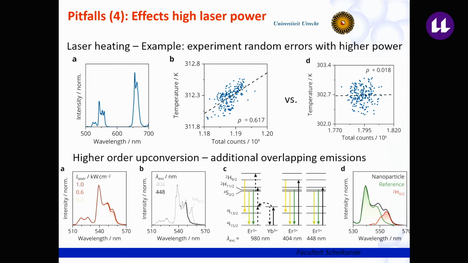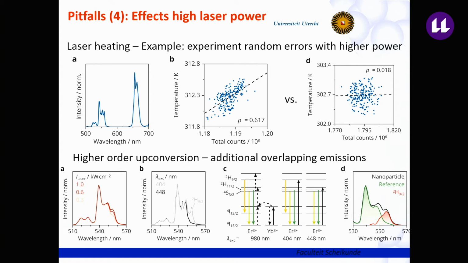But at high laser power, especially important in confocal microscopes, when you want high spatial resolution and you crank up the intensity of your excitation source to get enough emission for micrometer or 10 micrometer resolution, you can have higher order upconversion processes.